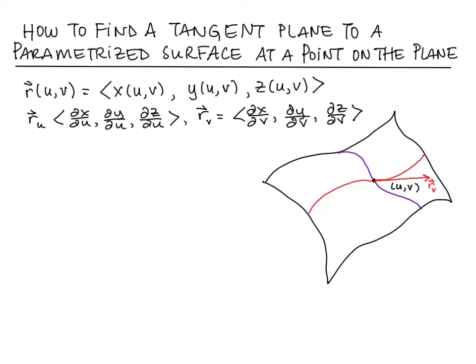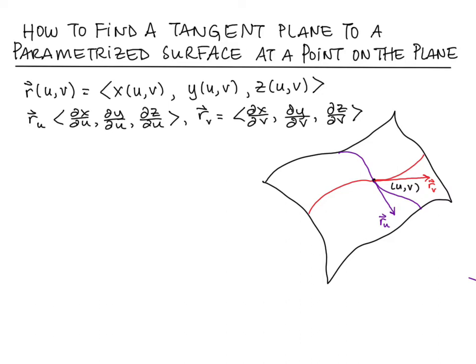So this vector that I've drawn is really a tangent vector to the curve where u is constant. And then let's draw our other tangent vector to the other curve. So maybe something like that. So this is really a tangent vector to the curve where v is constant and u is varying.